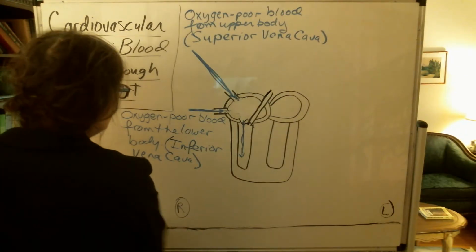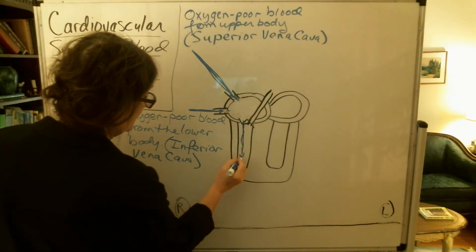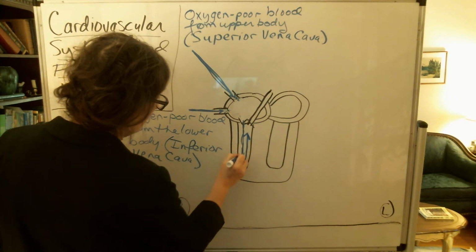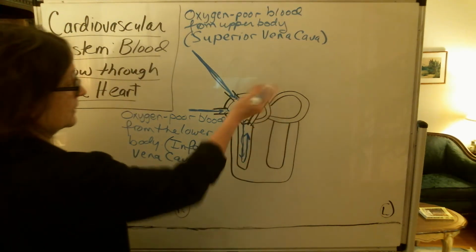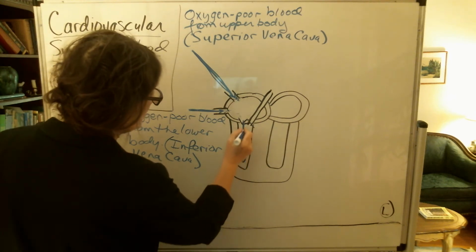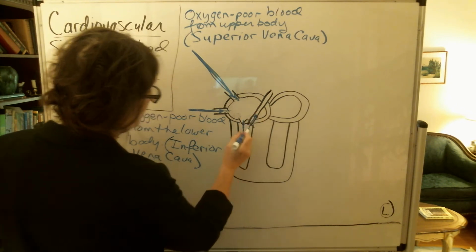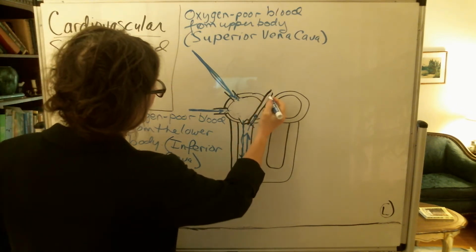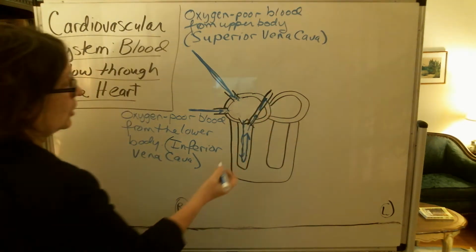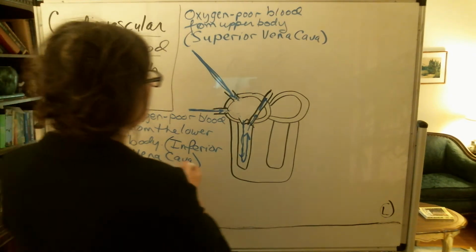So the atria contract, squishing blood into the ventricles. And then the right ventricle winds up contracting, and this blood winds up getting pushed into this artery here through a one-way valve. So here we have the blood exiting the heart and going through this artery here.